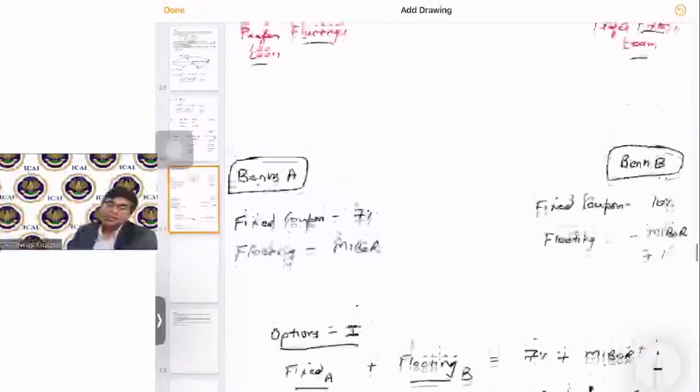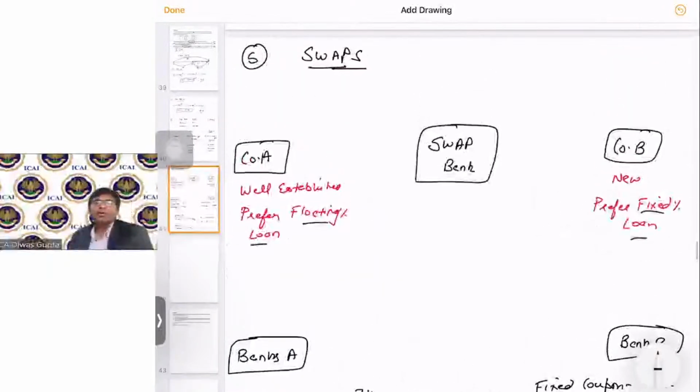But that is where their treasury teams have a problem, because their treasury team says, my preference is to borrow in floating. Why are you asking me to borrow in fixed? Then the swap bank will say, wait, I'm only asking you to borrow in fixed. I will convert your fixed loan to a floating loan.